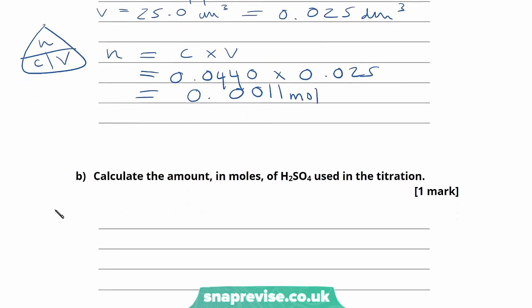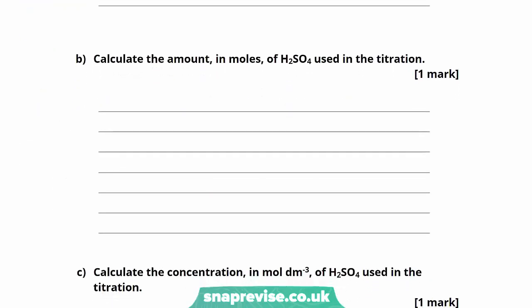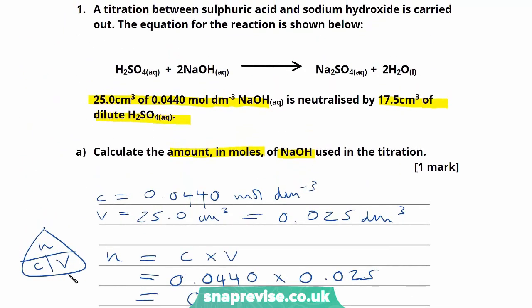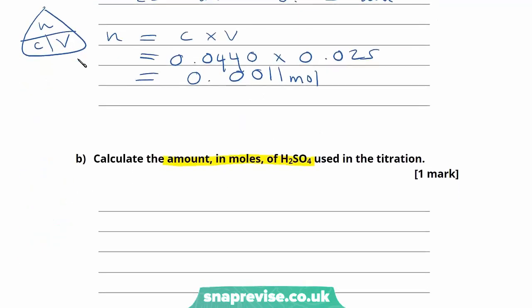So now let's look at part B. Calculate the amount in moles of H2SO4, sulfuric acid, used in the titration. So in order to do this, we need to look at our reaction equation. Now we can see that 2 moles of sodium hydroxide will react with 1 mole of sulfuric acid. So that's a 2-to-1 ratio.